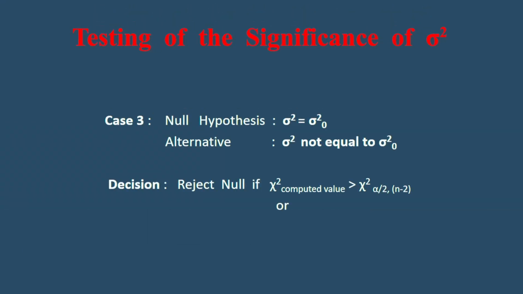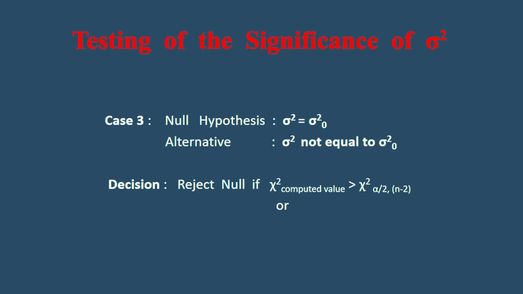Now we open up the two-tail test. For the two-tail test, we write the null hypothesis as usual, that is, sigma square is equal to a specified value sigma square 0, but the alternative is not equal to. Whenever we are dealing with the not equal to type, we have to be very careful that we are inviting two cases together, either greater than or less than.